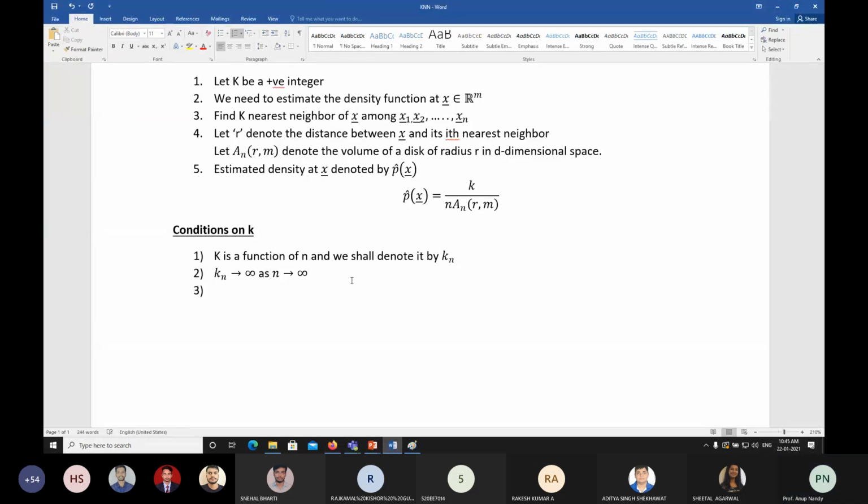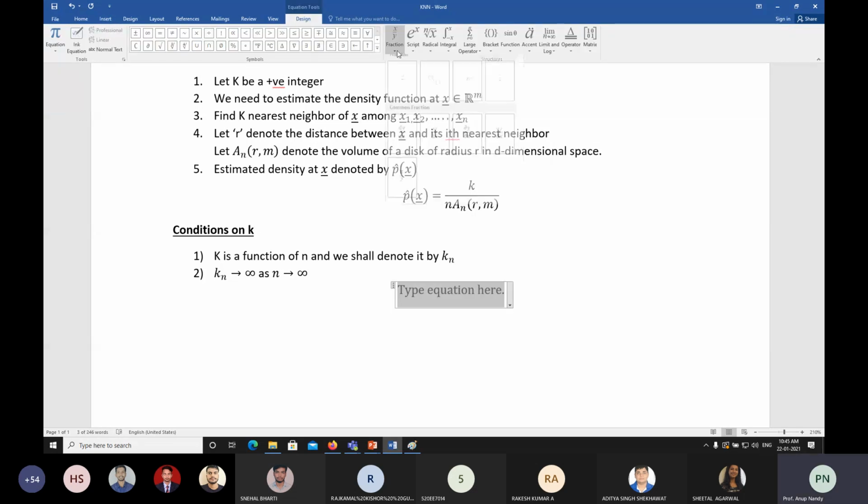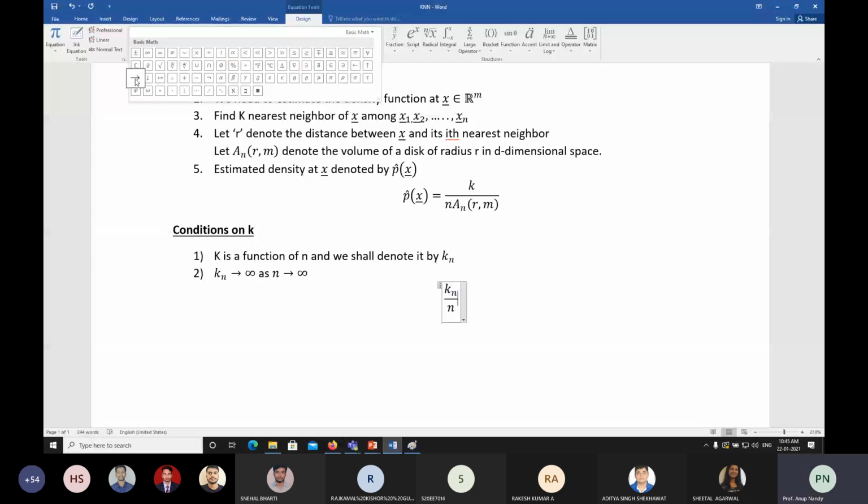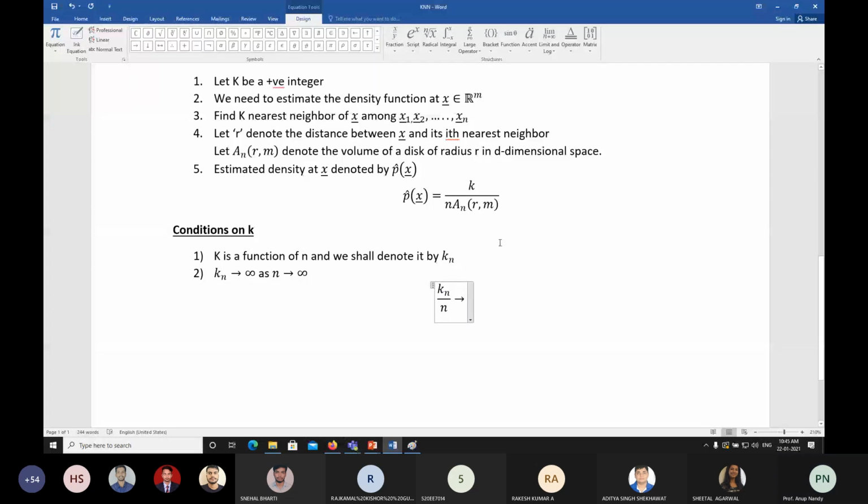Okay, and Kn by N tends to zero as N tends to infinity.